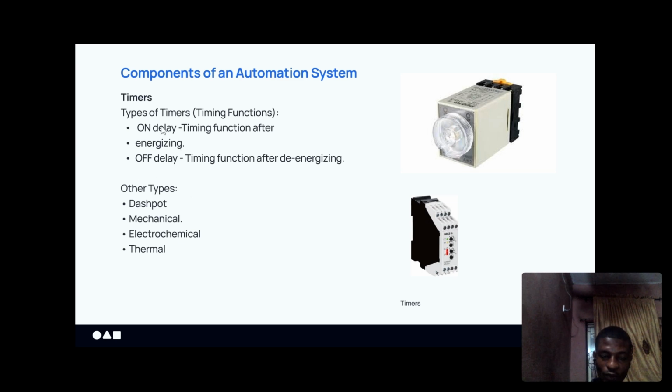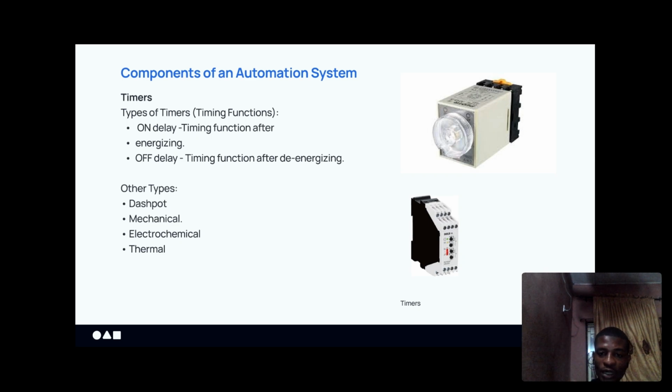So it has two functionalities mainly, the on delay and the off delay. The timing function starts after energizing for on delay, while for off delay the timing starts after de-energizing. These timers too have coils like our relays and contactors, mostly A1 and A2 for the wiring part.